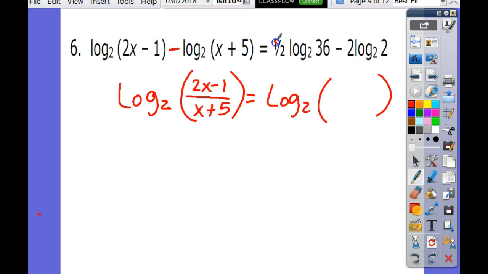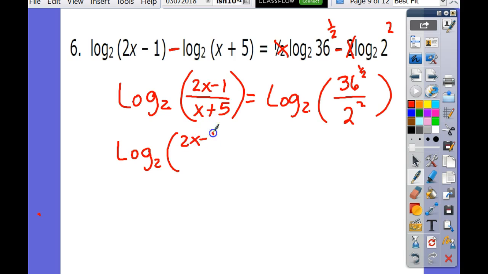Okay, what are we going to do with this 1/2? That becomes the exponent. This 2 becomes the exponent. This subtraction means I'm going to divide 36 raised to the 1/2 power by 2 squared. What is 36 raised to the 1/2 power?